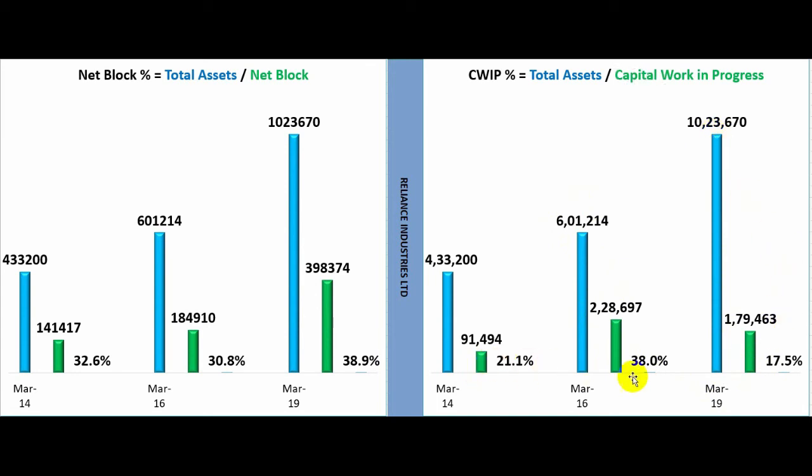So we see here the company has now again reduced its capital work in progress to below 20% of total assets. Here too my cutoff is approximately 30%. We don't want too much capex going into the business as a percentage of total assets.